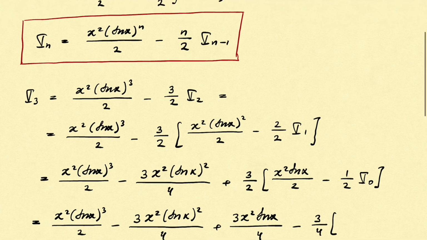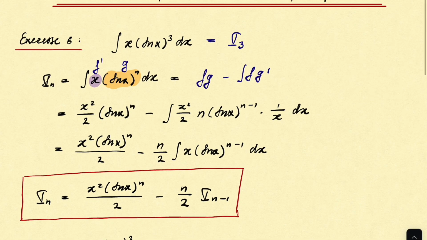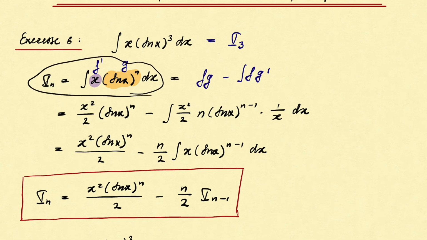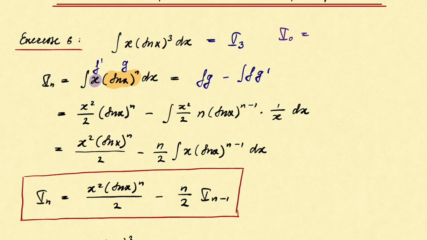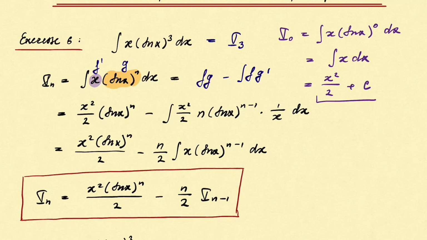Let's look at how we defined our I in the first place. I0 will be the integral of x only. Let me write it here for some of you who struggle to get this, because it's a little bit messy down there. x ln x to the power of 0 dx, which is x dx, right? And the value of which is x squared over 2 plus c. This is our I0.